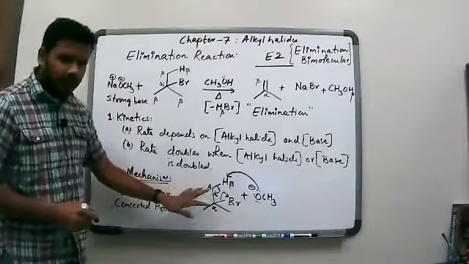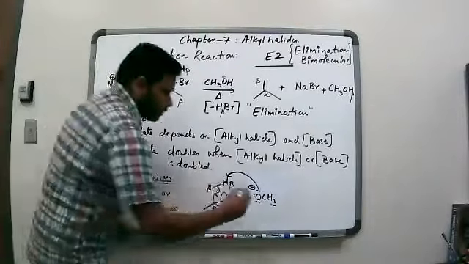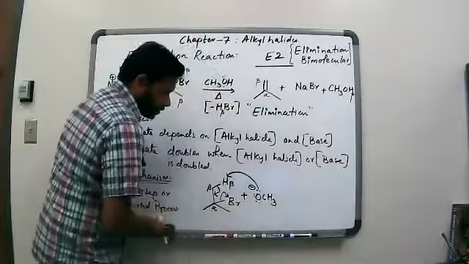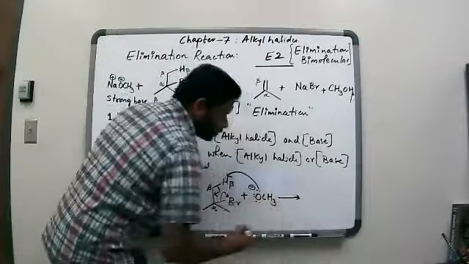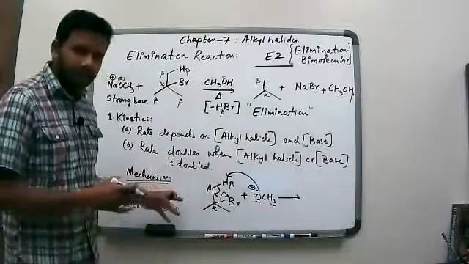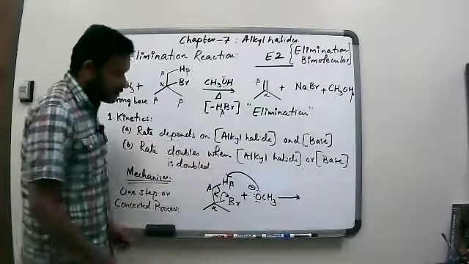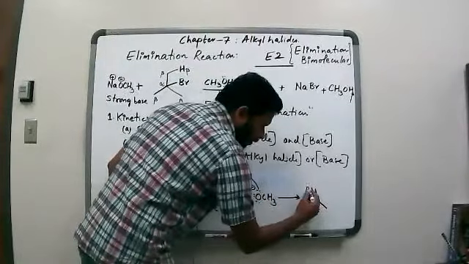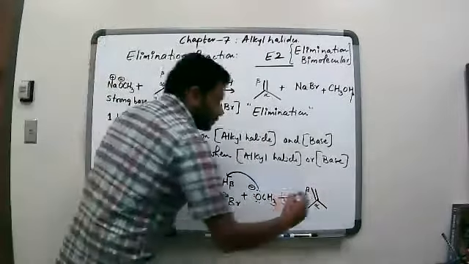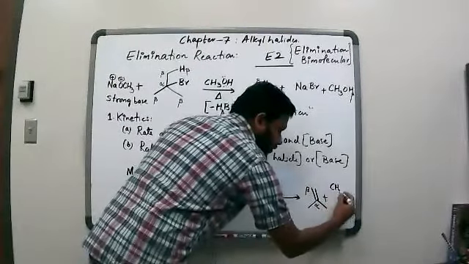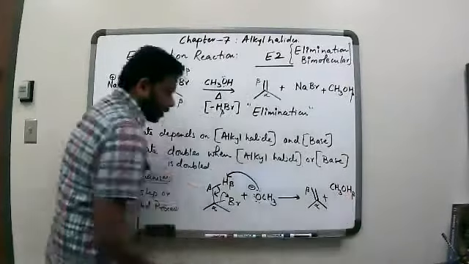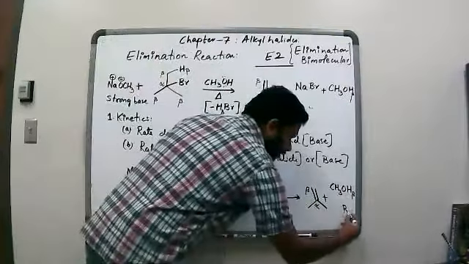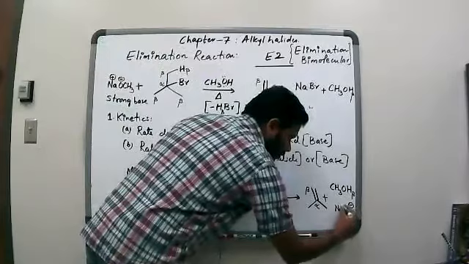I think it's fine for now, but we will look into some other things about the mechanism. Okay, there's something that's not exactly right about the mechanism here. Not the arrow push itself, but there are some other stereochemical aspects that we will get into later. So we get this, and that's how we end up with this alkene, where we have a bond between the alpha and the beta, plus we are going to make the methoxide with the H beta connected to it, and this bromide is going to finally end up with the sodium.